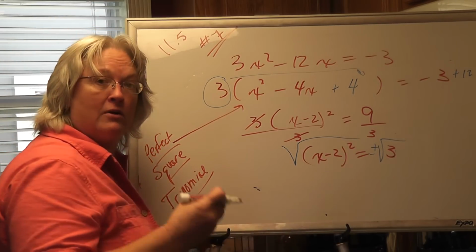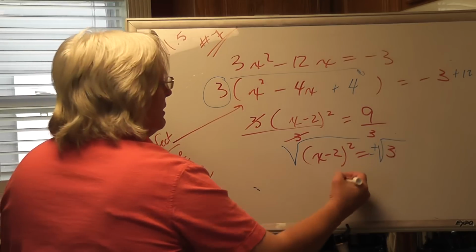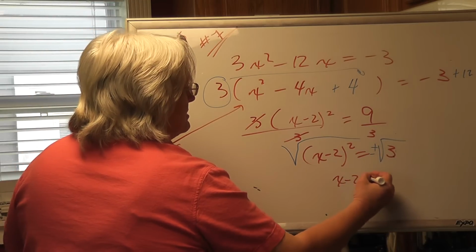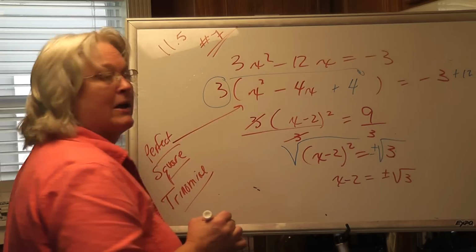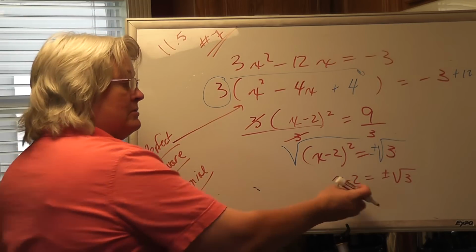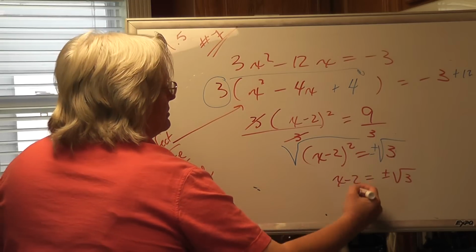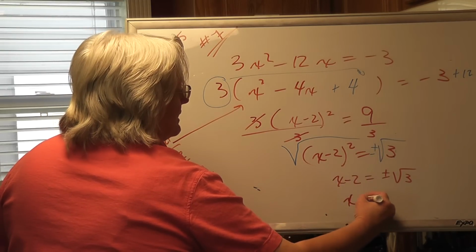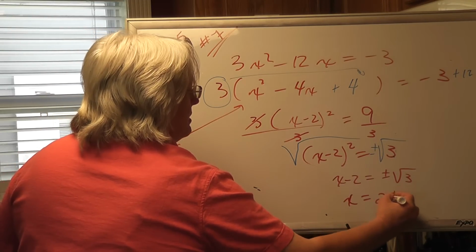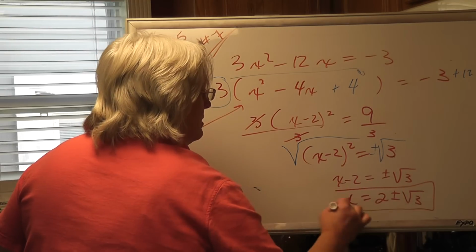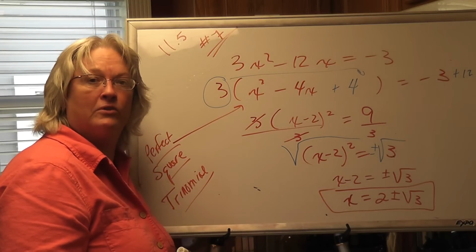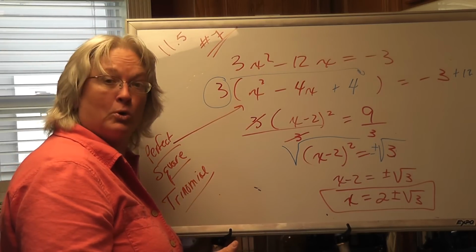The square root of x minus 2 quantity squared gives x minus 2, which is equal to plus or minus the square root of 3. We add 2 to both sides of the equation. x is equal to 2 plus or minus the square root of 3.